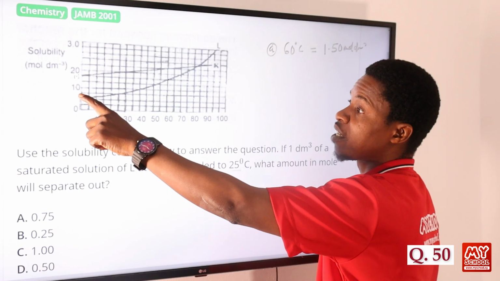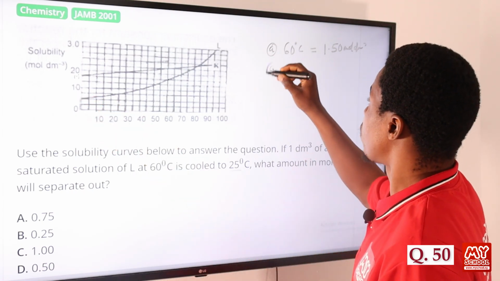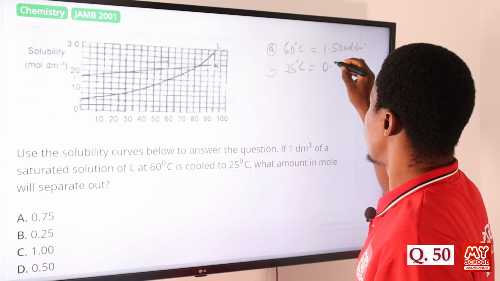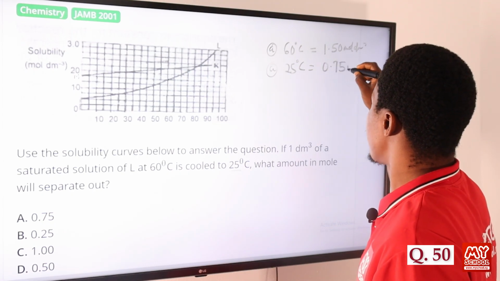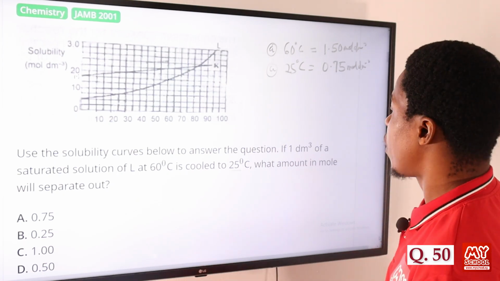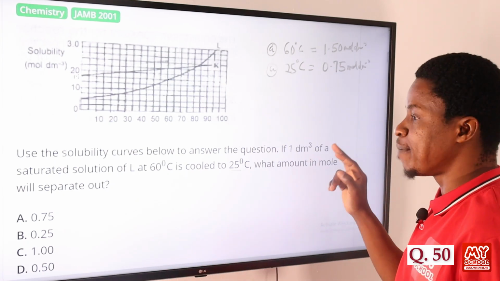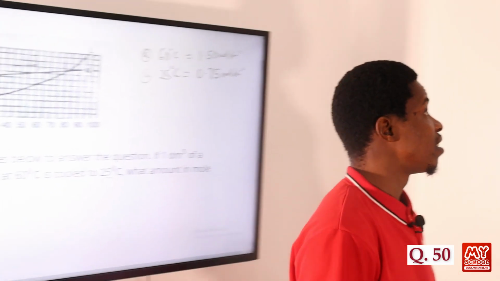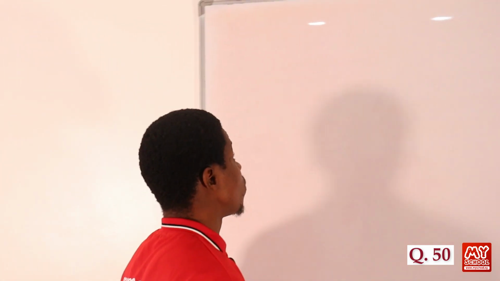So this is 0.75. So that means at 25 degrees Celsius, solubility is 0.75 mole per dm cube. So the question says, what amount in mole will separate out? Let's move over to the board now and see what to do about that.